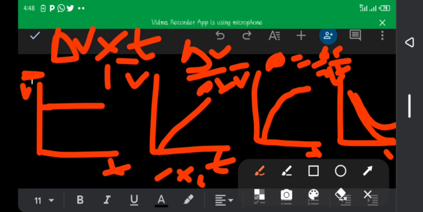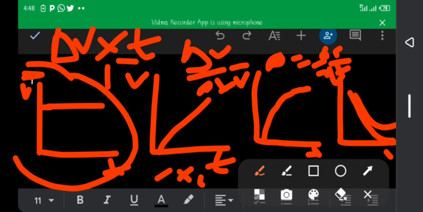Okay. So for the first graph, this shows that your velocity remains constant. That means your velocity is uniform. And for velocity to be uniform, your acceleration, which is your slope, is zero, because in order for there to be acceleration, there has to be a change in velocity. And since there is no change in velocity, there is zero acceleration.